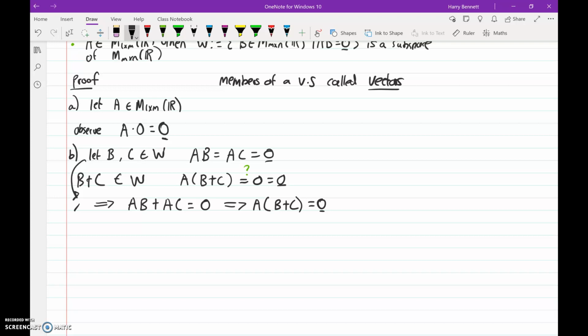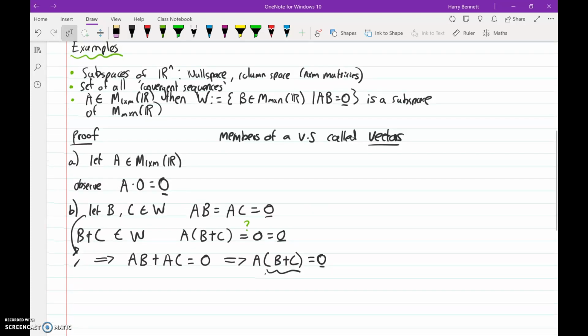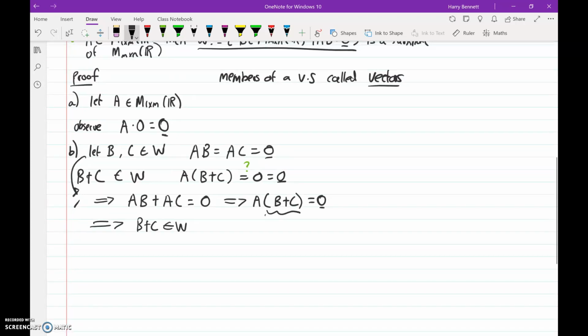But this holds for any A. And so since it holds for any A, our element B plus C satisfies the rule of this set, that A times our new element B plus C is equal to 0. Therefore, B plus C is a member of W, so it's closed under addition.